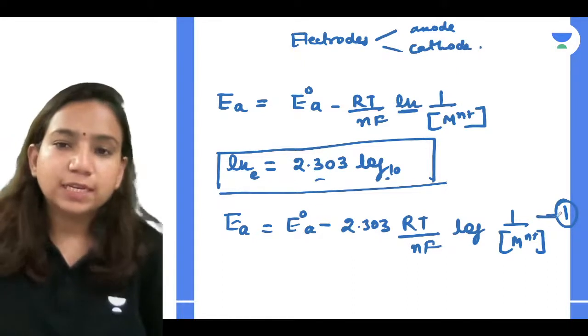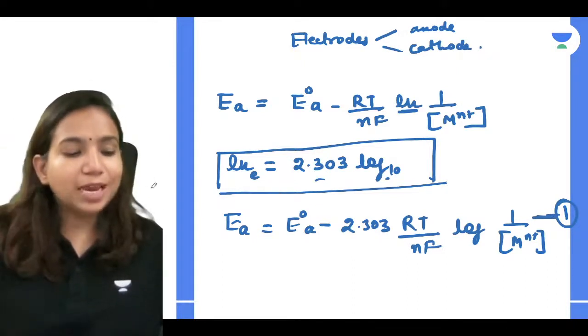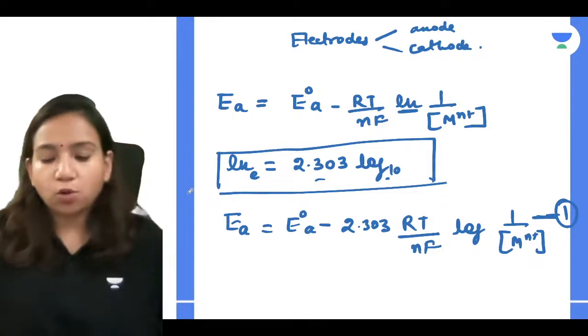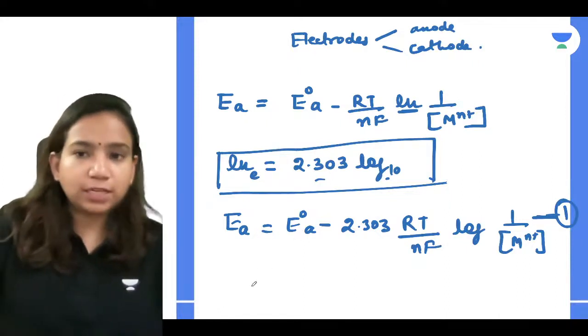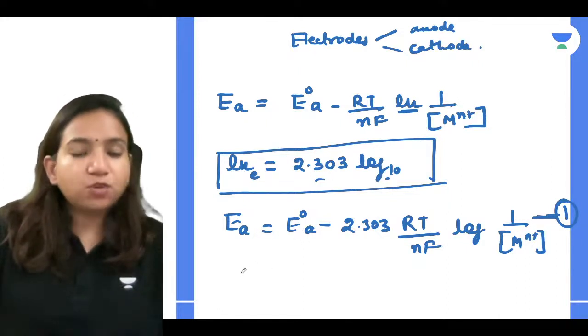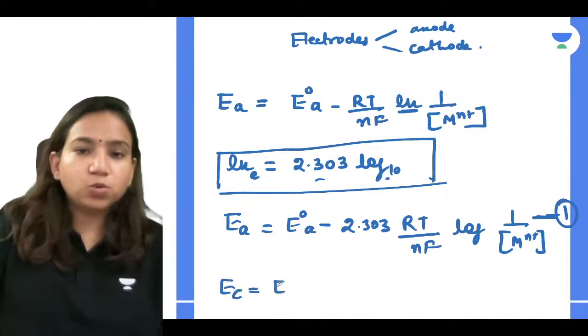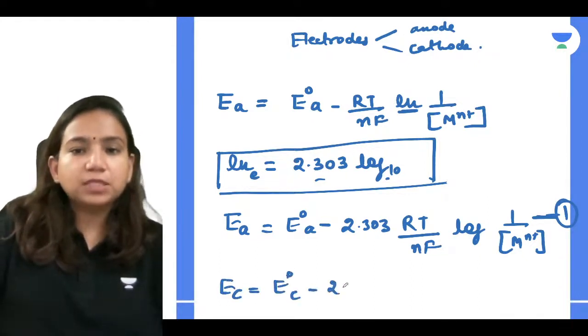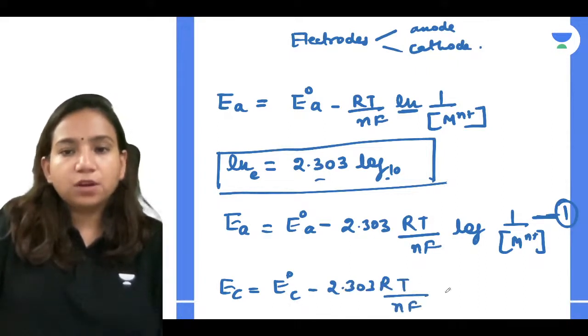Equation 1 is the electrode potential at the anode. So the anode's electrode potential we can relate with the standard electrode potential like this. Same way, can I write it for the cathode? Yes, guys, for the cathode it will be equal to E naught C minus 2.303 RT by nF log.